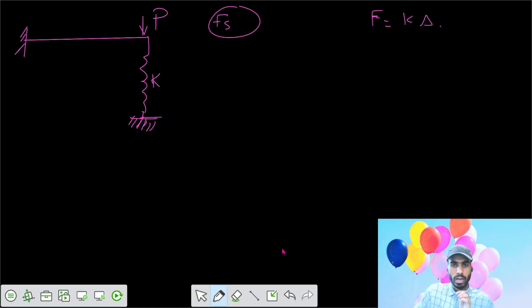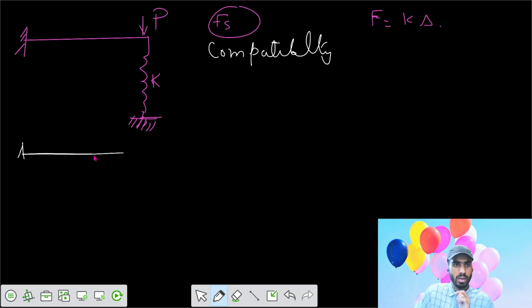So we can have the compatibility. What should be the compatibility condition here? Let's say the spring was not there. You apply load P, it would get deflected downwards by PL cubed by 3EI. But because of the spring, and here it is fixed, the final structure won't go downwards by any amount. If this goes downwards by this amount, the spring has to get compressed by the same amount, such that A and B are at the same position.